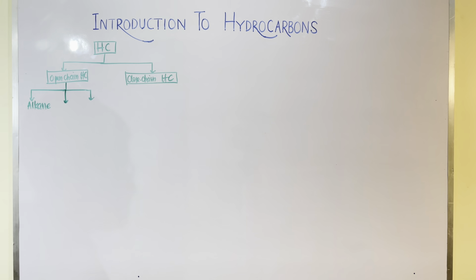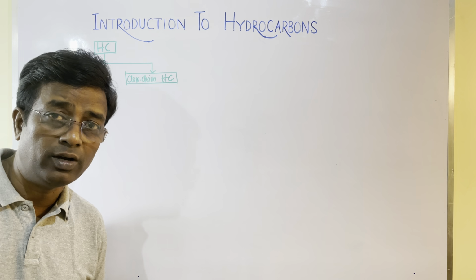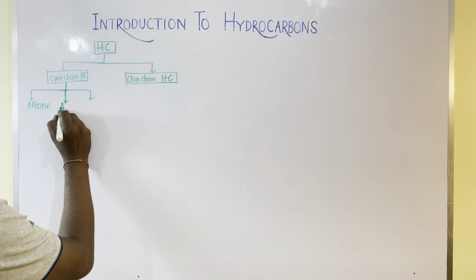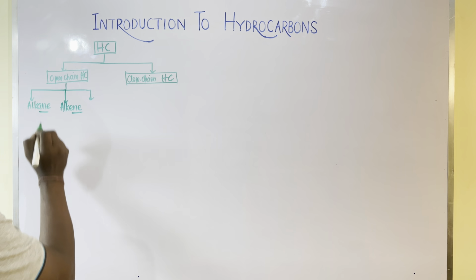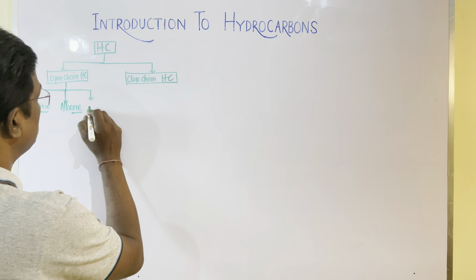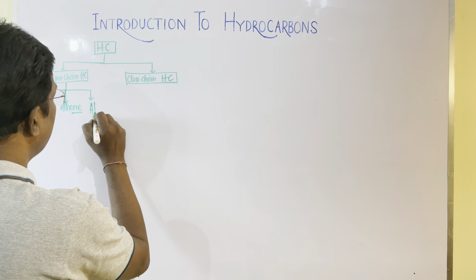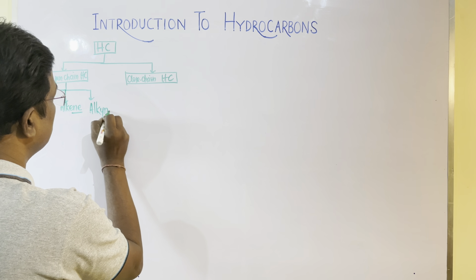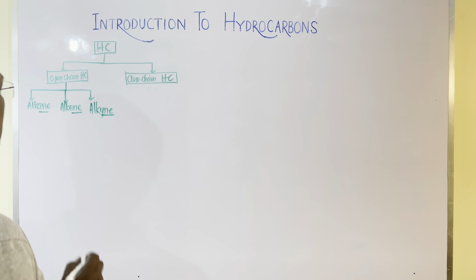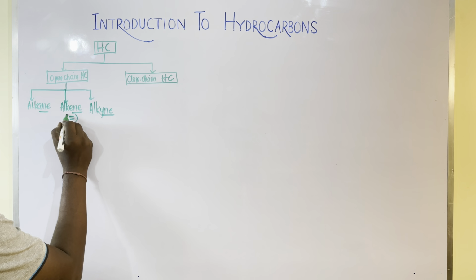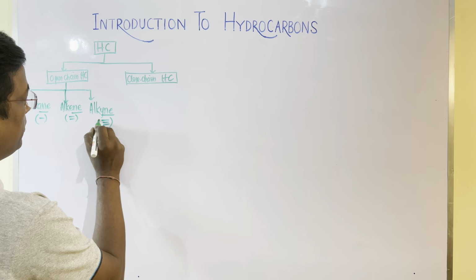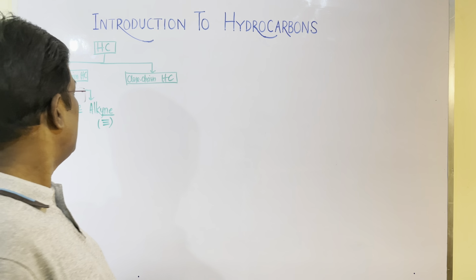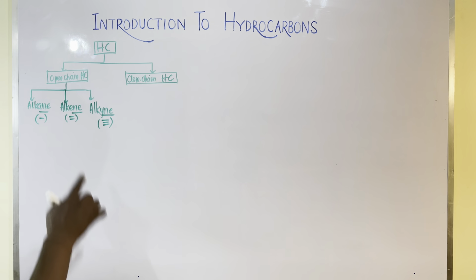Mainly they contain only single bonds. Alkenes are called unsaturated hydrocarbons, and so is alkyne. Alkene contains a double bond, alkane contains a single bond and alkyne contains a triple bond. A minimum of one triple bond is present in alkyne.